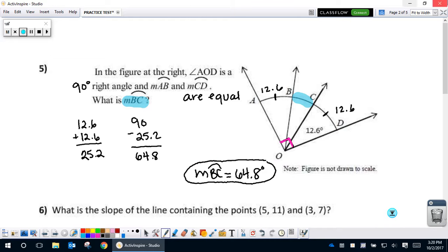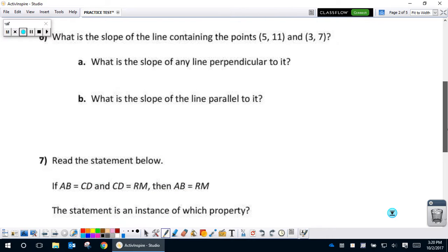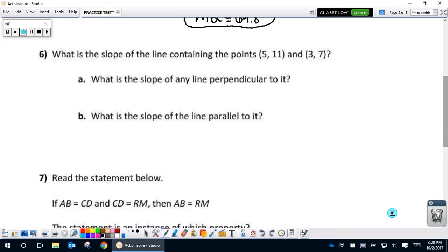Okay. Moving down to number 6, what is the slope of the line containing the points (5, 11) and (3, 7)? So here's your slope formula: m equals y2 minus y1 over x2 minus x1.